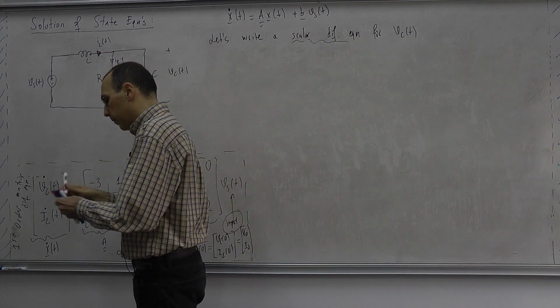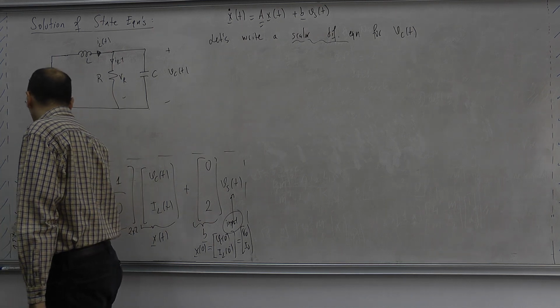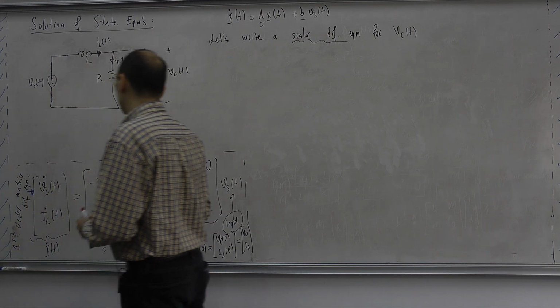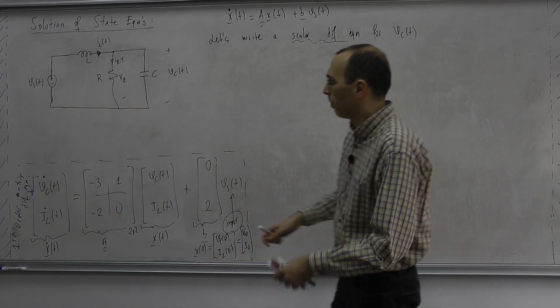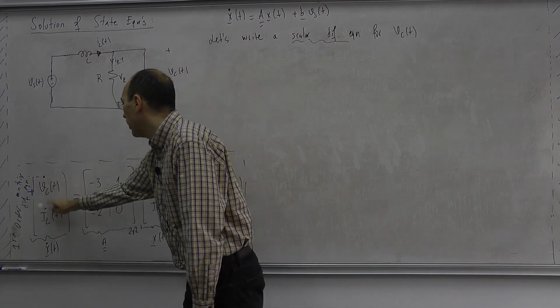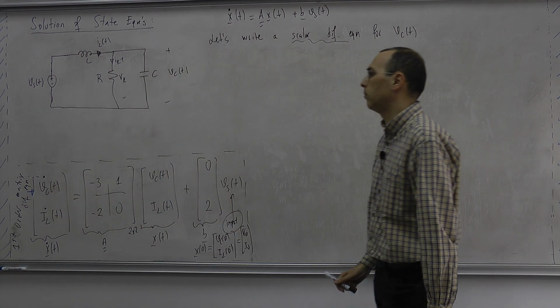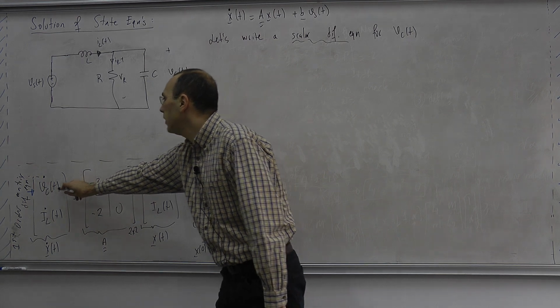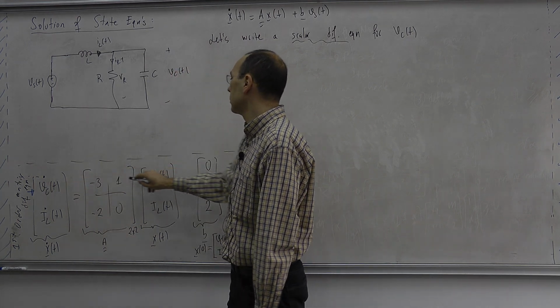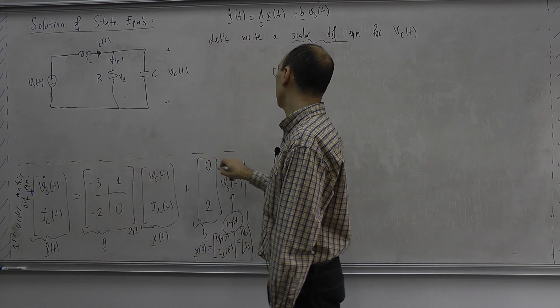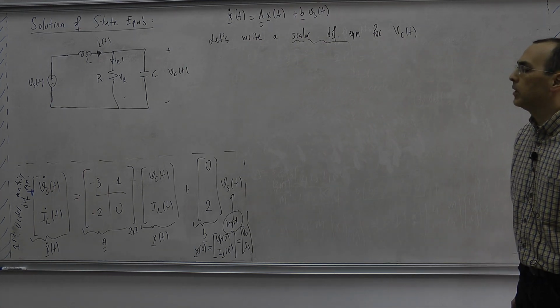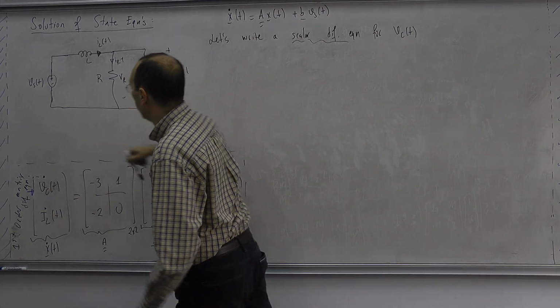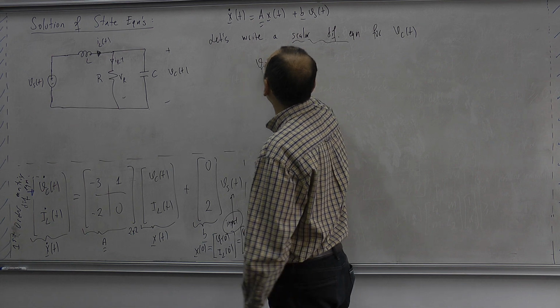Let me take the derivative of this first equation. What do I mean by the first equation? Essentially I have two equations written in this matrix form. The first one is Vc dot is equal to minus 3 times this, 1 times this, plus 0 times this. So I'm taking the derivative of the first row essentially. What do I get?